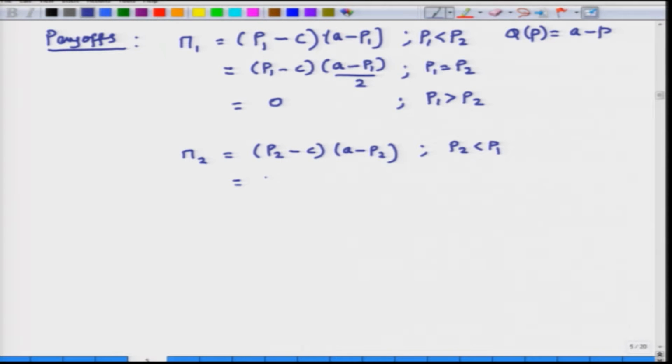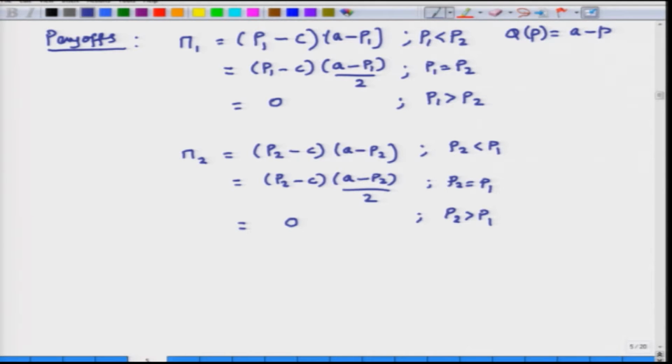If both the firms charge the same price, they split the market, so firm 2's profit is P2 minus C times A minus P2, divided by 2 when P2 is equal to P1. When firm 2 charges a price greater than the price charged by firm 1, it does not sell anything, because no consumer comes to firm 2; they all go to firm 1.